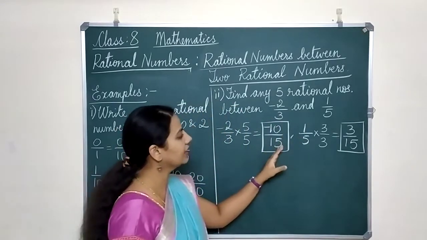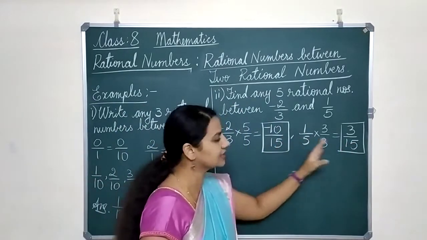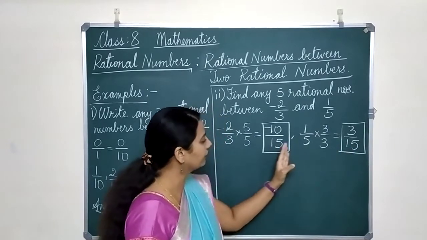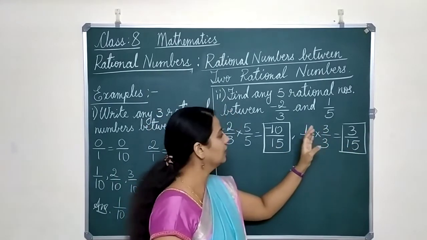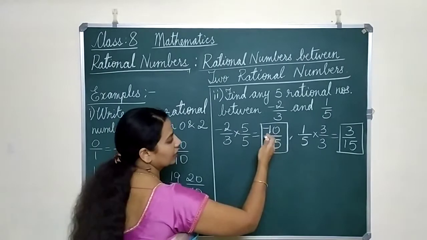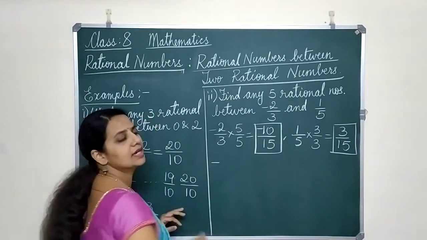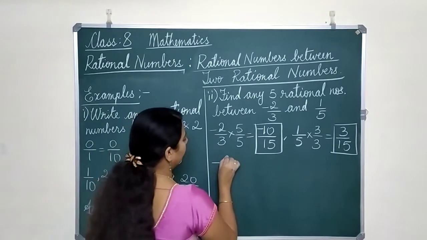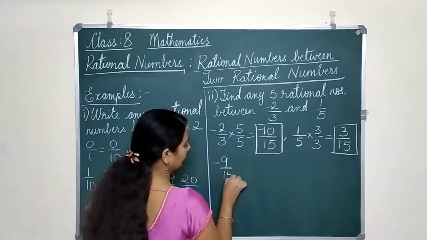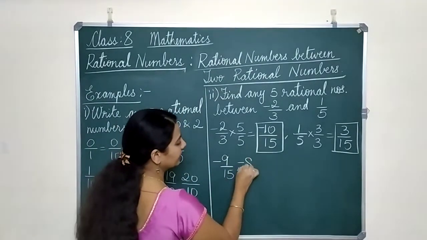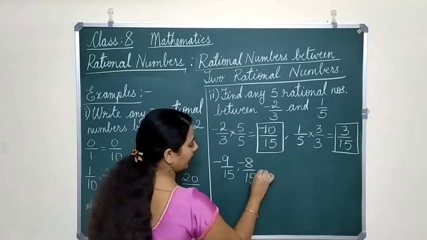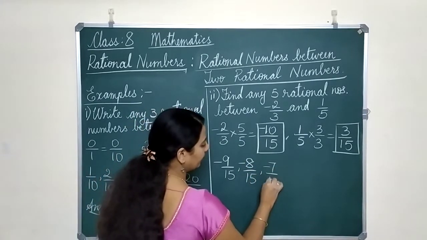So now that we have made the denominator same, here also 15, here also you have 15. Now what are the numbers that come in between these two? It's very easy. After minus 10 comes minus 9 by 15, then comes minus 8 by 15, then minus 7 by 15.